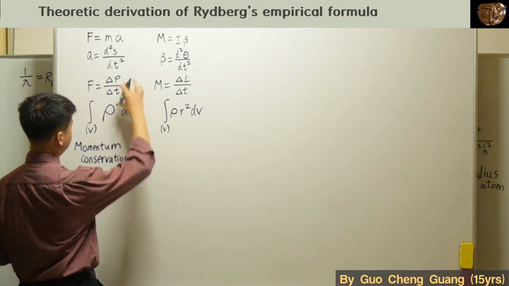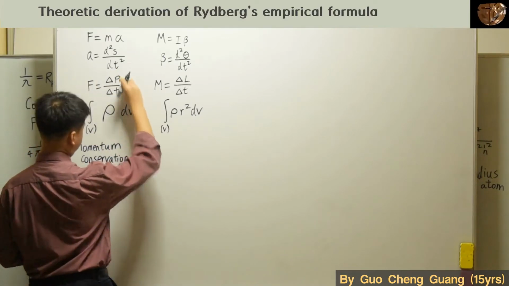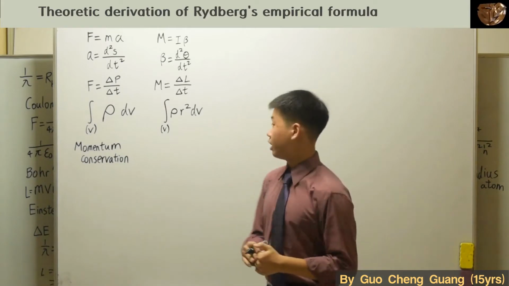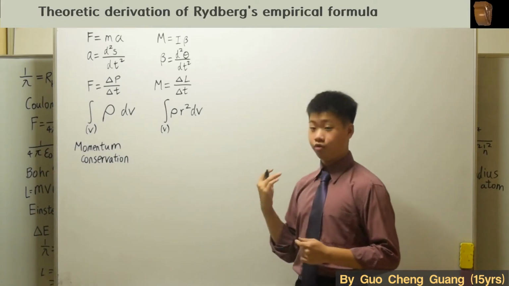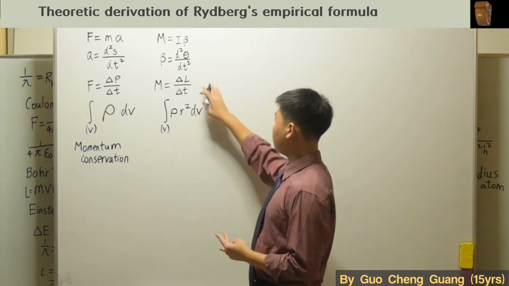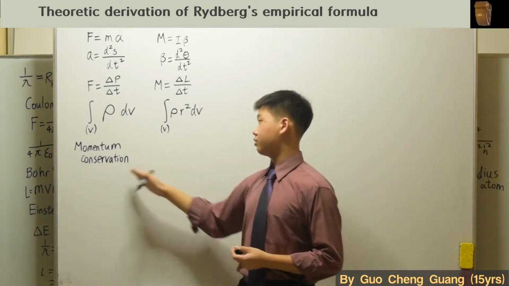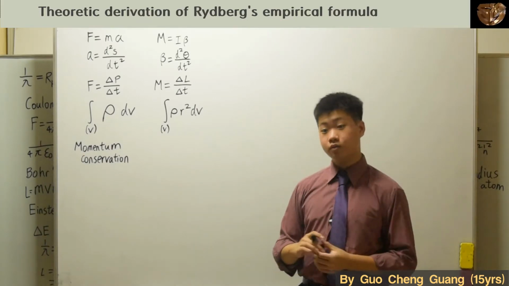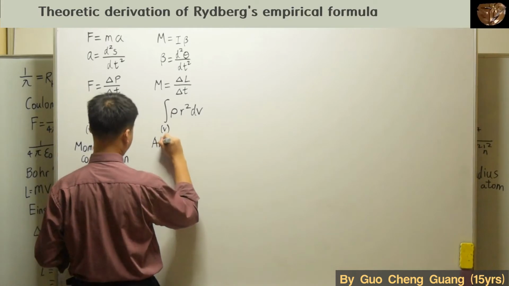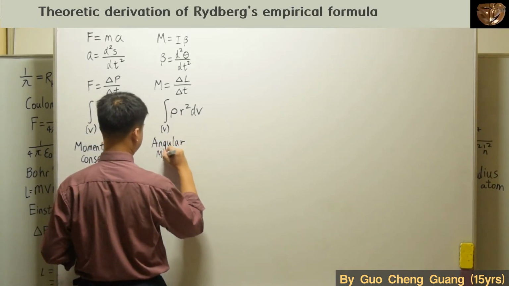Alright, so if F is 0, then delta P is 0, and that means you would have a momentum conservation of your system. How about for this part over here? If here is momentum conservation, what is the other? The other might be pretty obvious after you know the first: angular momentum conservation.